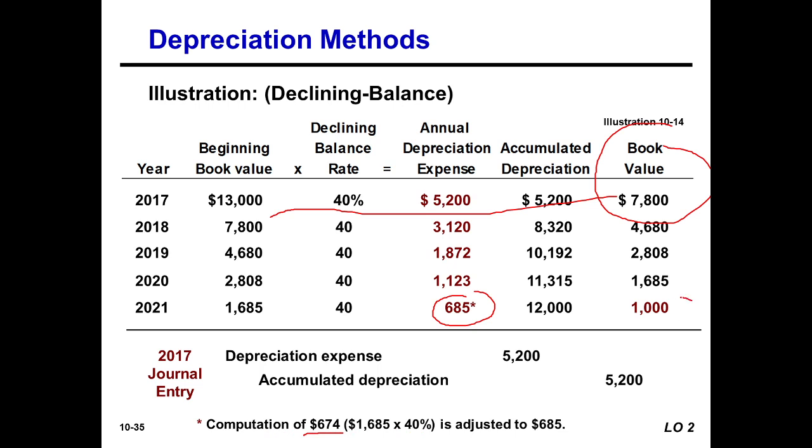But to keep the figure right, that means $1,000 salvage, we have calculated this figure, that means a round figure. We keep this 1,000, so after subtracting this figure we will get 685. So this 685 is the annual depreciation expense. Okay, I think everybody is clear.